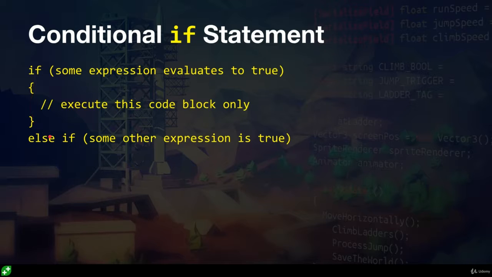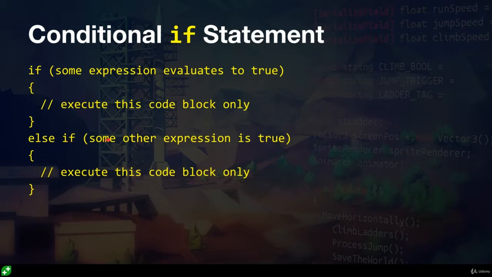Else is another way of saying otherwise. If this is true, do that. Otherwise, or else, do this particular if statement. And that again is if some expression is true, then execute the code within this block, and we could have a whole bunch of statements within this code block. We can also have a whole lot of else if. So if thing number 1 is true, do that.